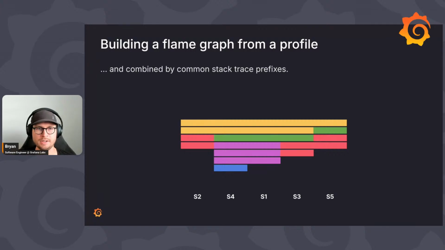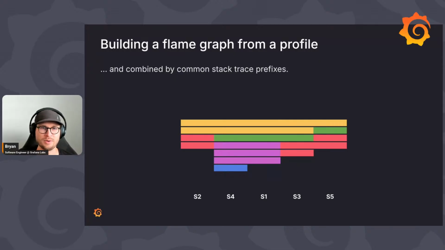When we do this, we can combine these prefixes, and now you can see that time no longer starts from the left and goes to the right, where all of our stack traces are unordered. That's where we lose the orderedness of the stack traces, and it instead becomes the width representing the cost.